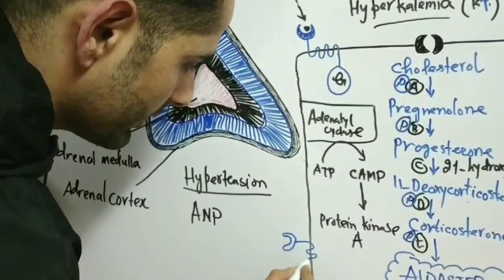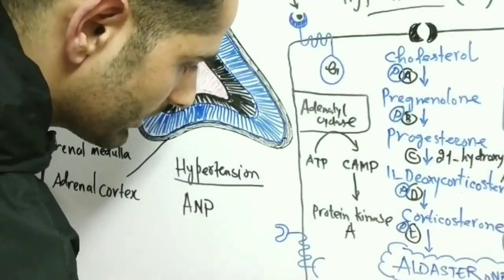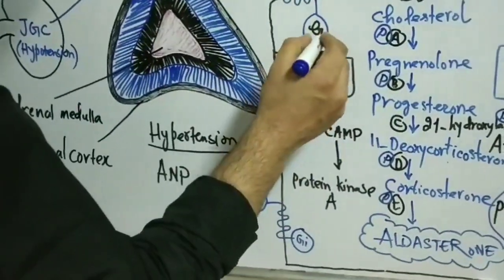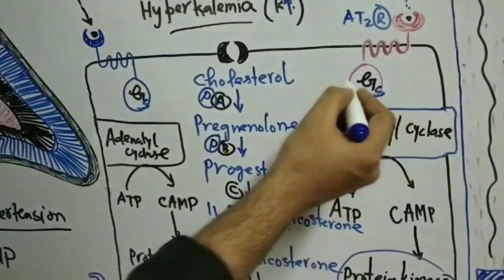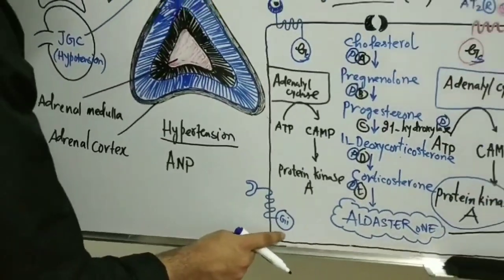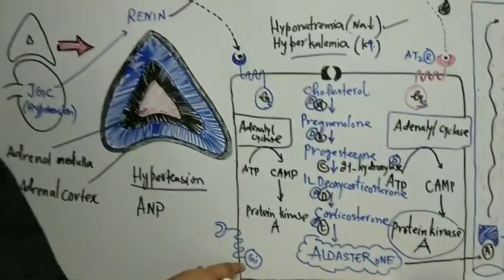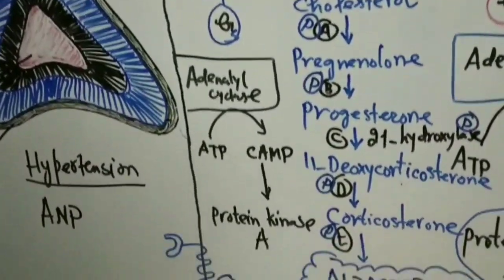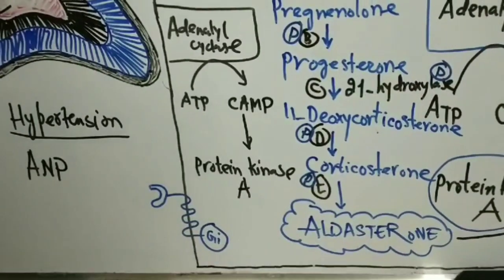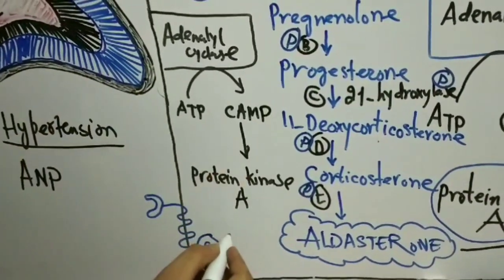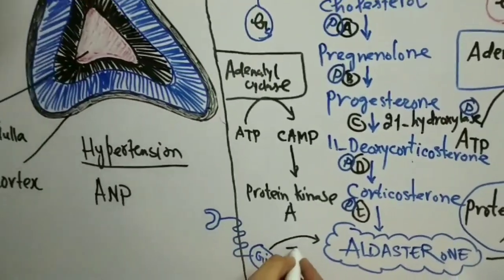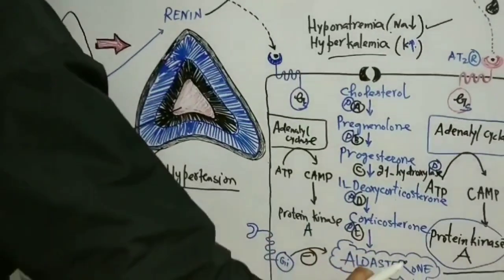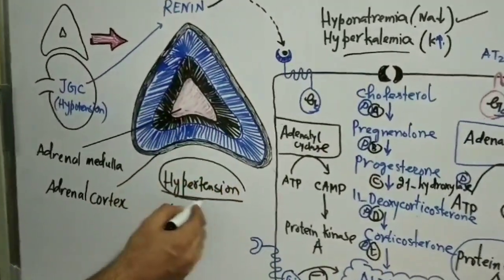These are also 7-pass receptors, but they are coupled with the G inhibitory. These are coupled with the G stimulatory proteins. This is coupled with the G inhibitory. What is this G inhibitory going to do? It will activate some proteins which eventually will inhibit the aldosterone formation. Aldosterone formation will be inhibited. Aldosterone will no longer be produced during the hypertension.